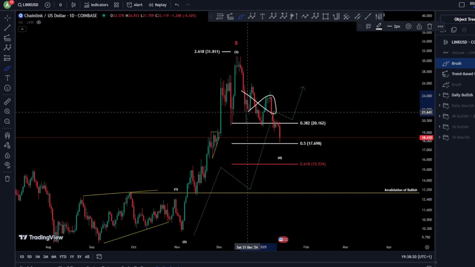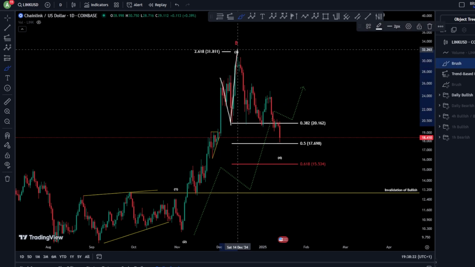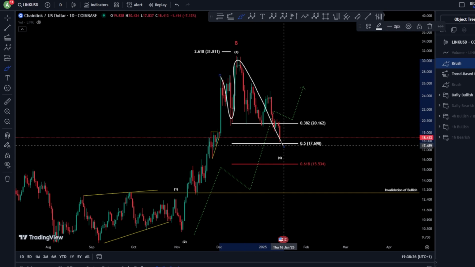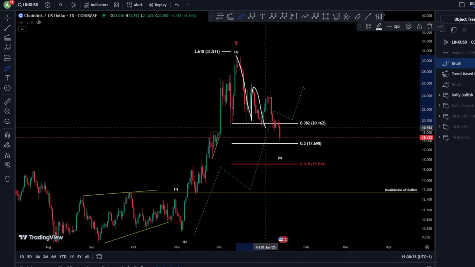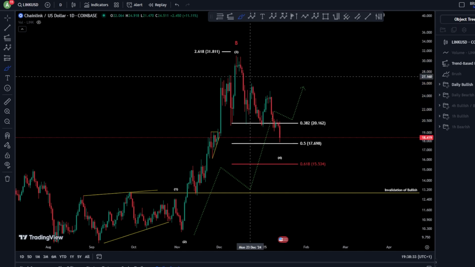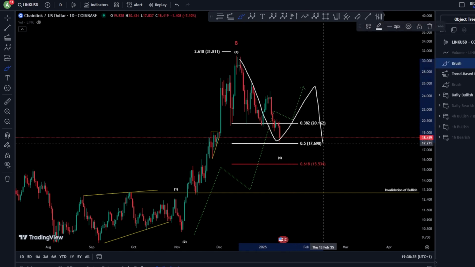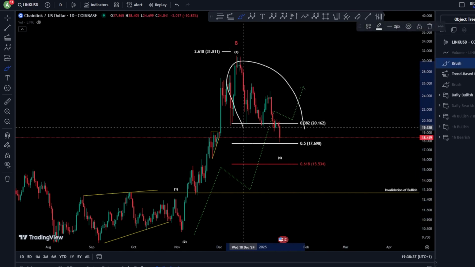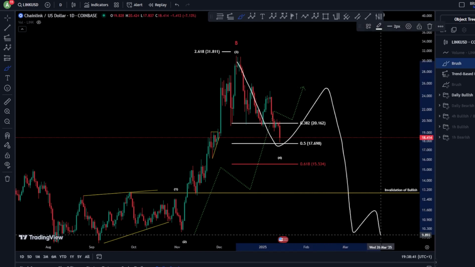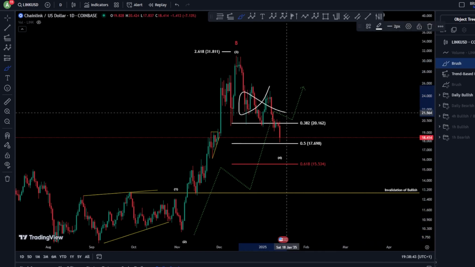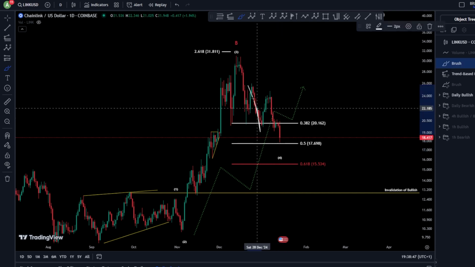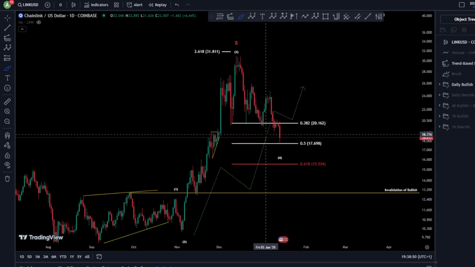So an ABC as an expanding flat is invalidated, and also it's not a leading diagonal, which would open a bullish scenario for a big impulse 1, 2, 3, 4, 5, because we know a leading diagonal means a big impulse 1, 2, 3, 4, 5 toward the downside. But this is not a leading diagonal. Your wave 5 is longer than your wave 3, so invalidation.